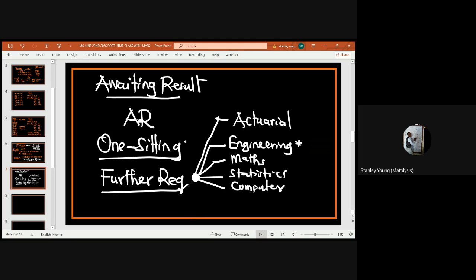So like I said, 1 sitting is a must. Awaiting result is allowed. And in a situation where you have several results that are all good to go, you choose the best, the one that's going to guarantee you a better aggregate.